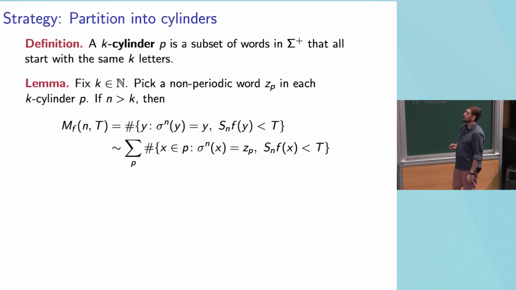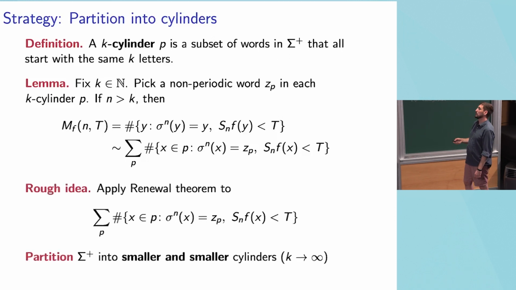A little technical thing that you can show is that if you fix k and you pick n big enough, then this set we really care about, periodic words of period n that have f-length at most t, actually grows like some subset of the cylinder of words that all have the same n image as some non-periodic word and have length at most t. And we need to look in all cylinders.